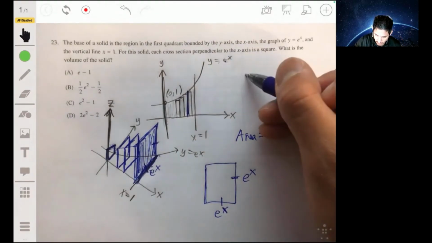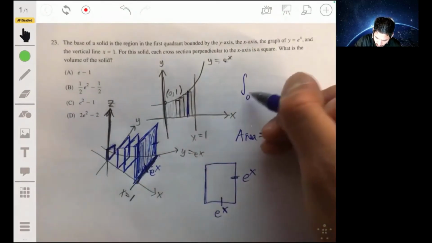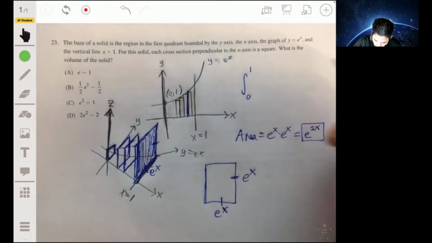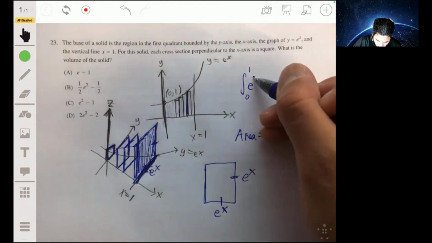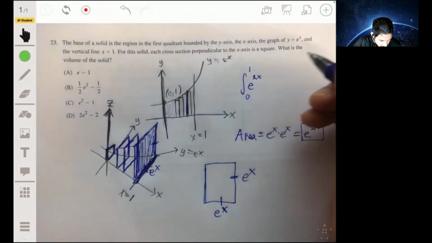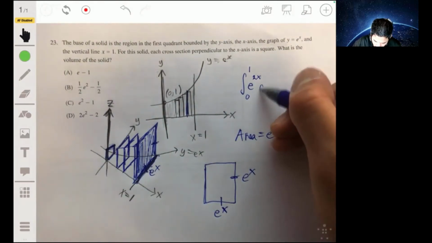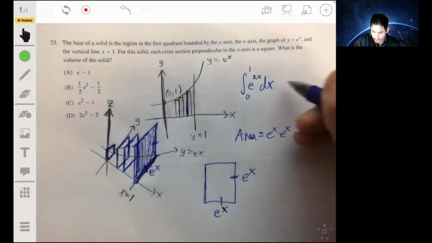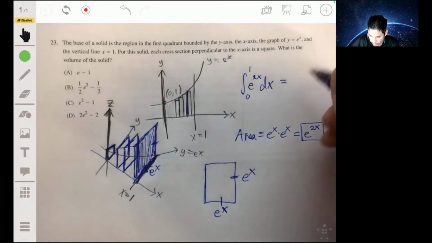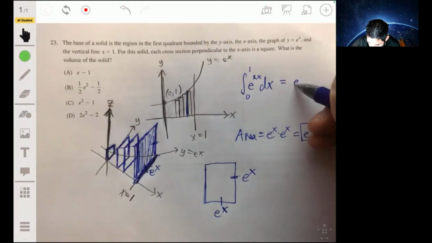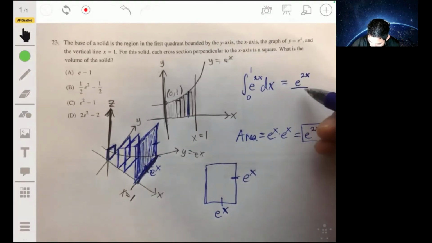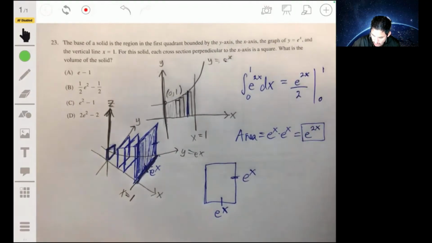And then we set up our integral from 0 to 1 of e to the 2x dx, and then we integrate this. And that'll be e to the 2x over 2 from 0 to 1.